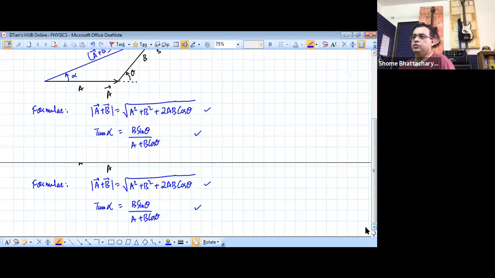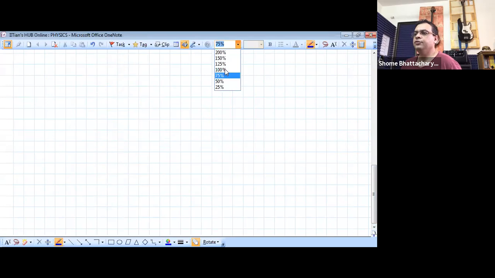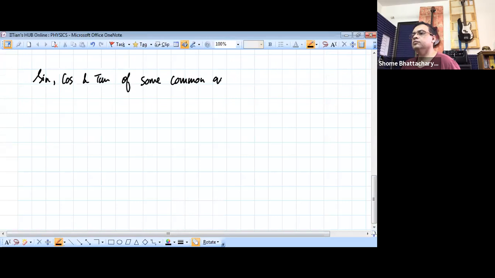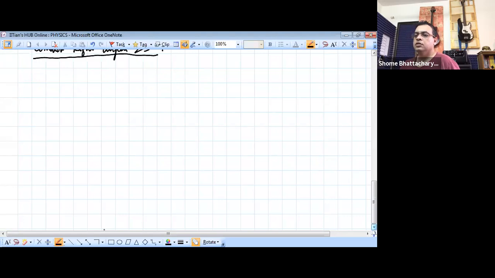So just aside from our vectors, a point from trigonometry: sine, cosine, and tan of some common angles that you should know about. I'm drawing some common right angle triangles, ones that are very commonly used to solve physics problems.